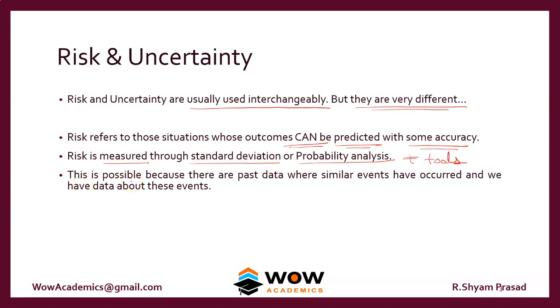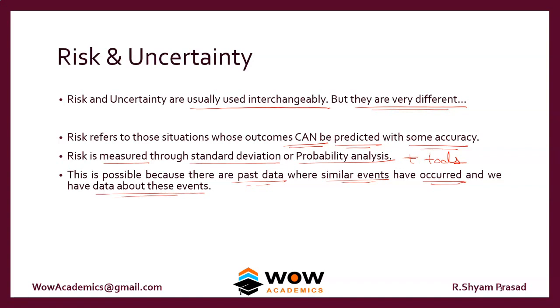This is possible because there is past data where similar events have occurred and we have data about these events. So things have happened in the past which are similar to the things which we are deciding about. We can take the previous data and information about the event and assume that the same thing can happen in the future.